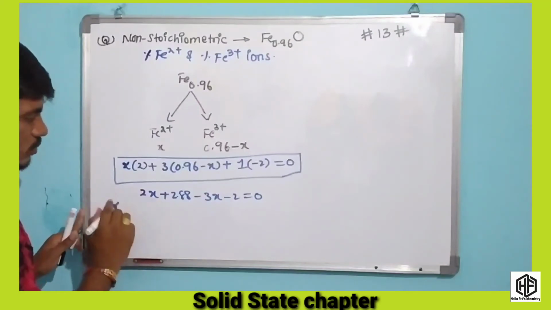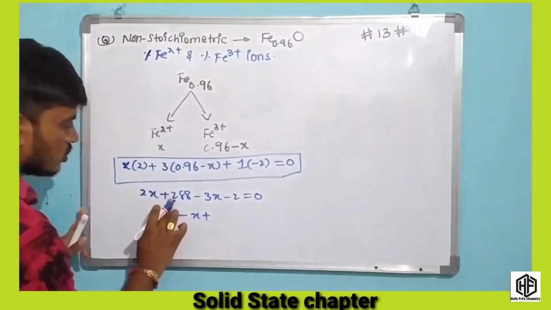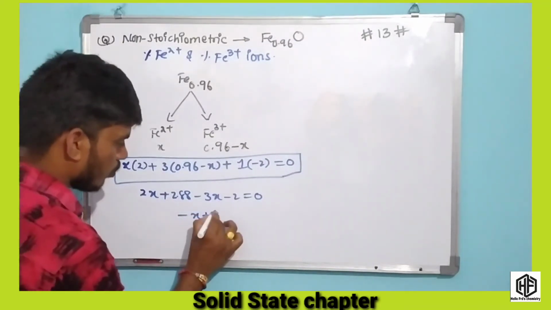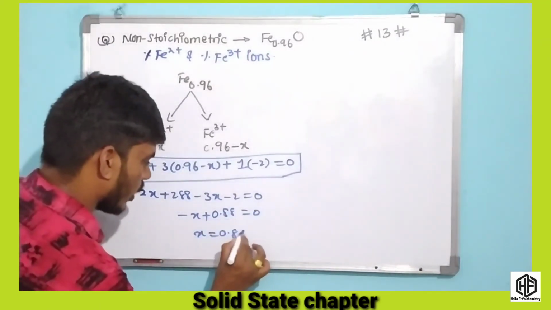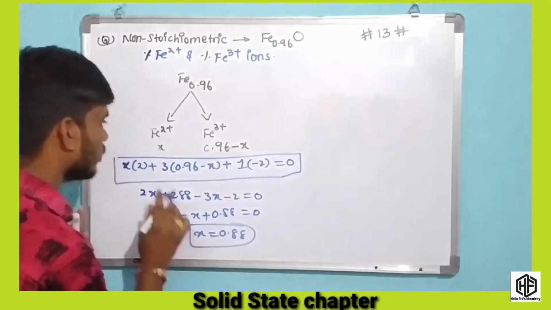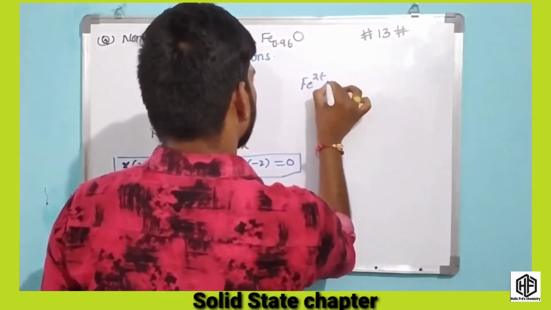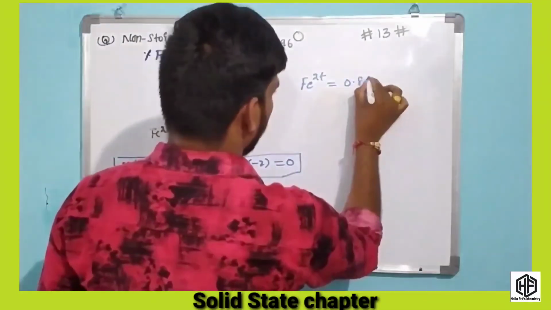Now what about X, friends? 2X minus 3X is minus X, plus 2.88 minus 2, which is 0.88, equal to 0. Finally X is equal to 0.88. X means the Fe2+ ions, so the Fe2+ ions present in this non-stoichiometric compound are 0.88.